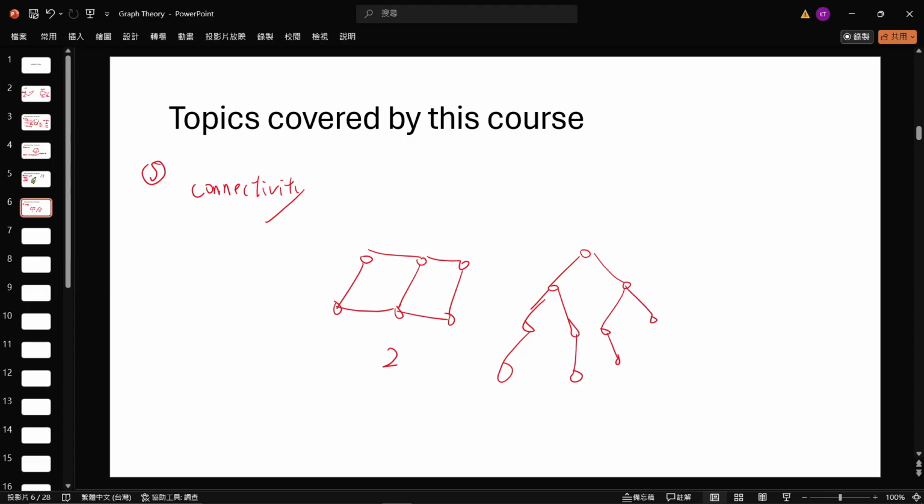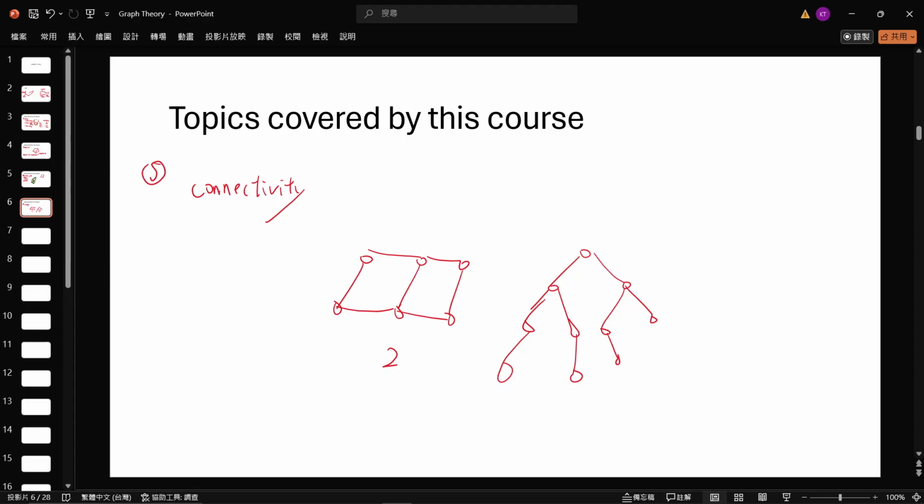For this graph, what's the number of vertices that you have to remove in order to disconnect the graph? Just 1. You can remove any vertex as long as it's not a leaf node.